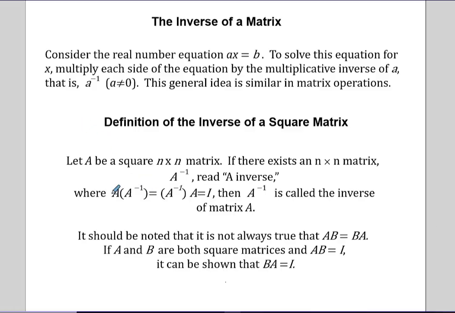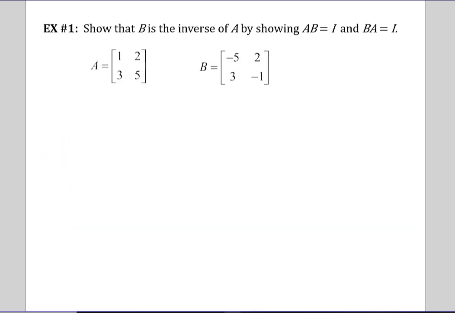In easier terms, if you multiply two matrices together, A times B or B times A, and in both cases your product is the identity, then you know that those matrices are inverses of each other. Whether you understand it better this way or this way, we're talking about inverses.